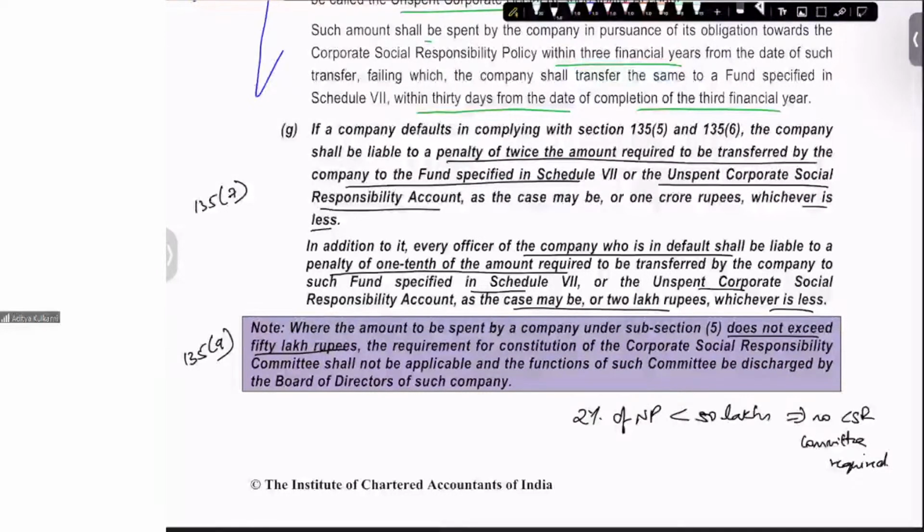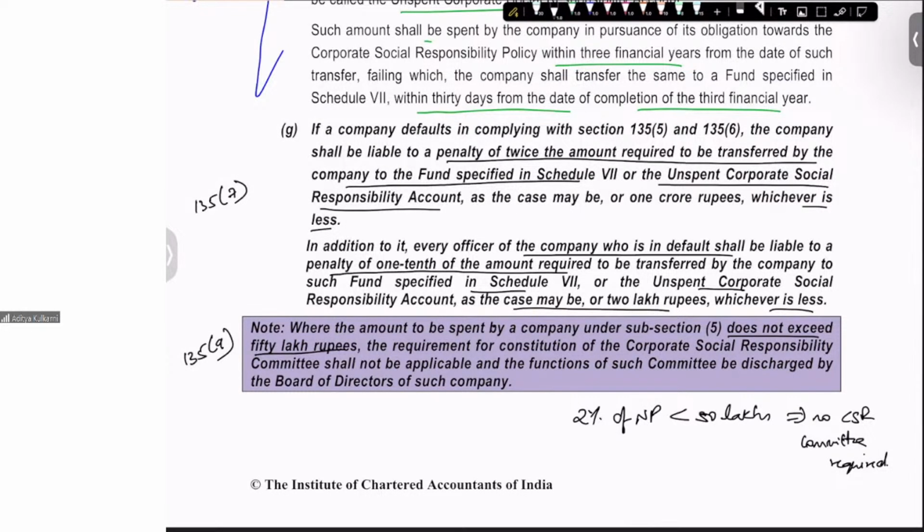So 135(7) is the penalty. What does 135(8) say? 135(8) says that the government can give directions as to whom these provisions will be applicable. If the government gives such directions, then such companies also shall comply with the CSR requirements. And 135(9), we have seen the section already.